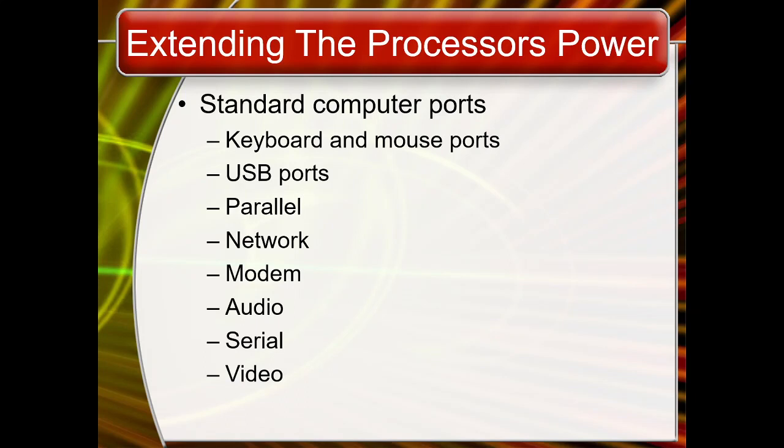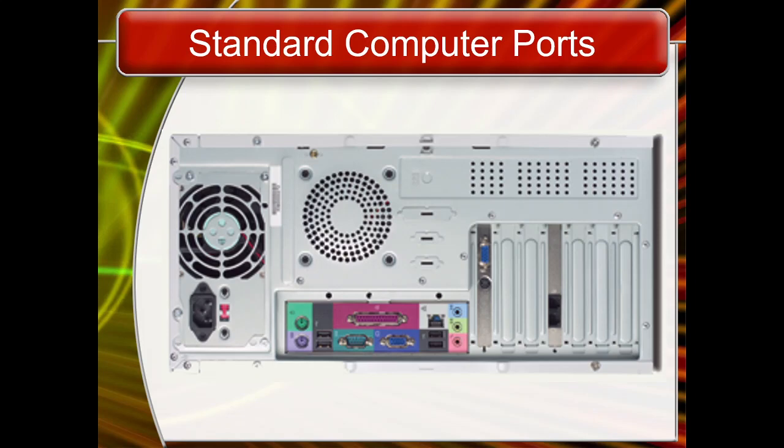They include mouse and keyboard ports, USB ports, parallel ports, network ports, modem, audio, video, serial, etc. So this is the standard computer ports interface you can see here, for a desktop computer.